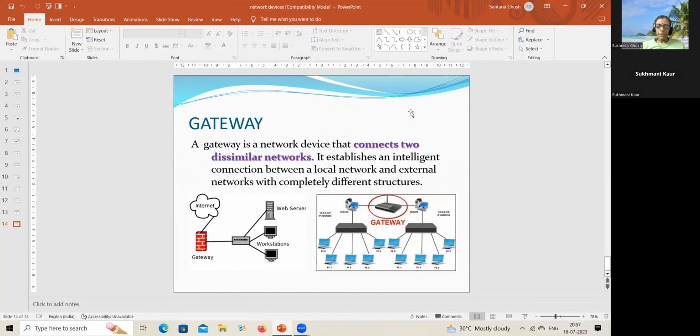Now about the gateway, questions do come in on whether it is hardware or software. It's actually a combination of both. At times an organization has made its own gateway to take the data out, and at that point I am talking about putting a firewall.